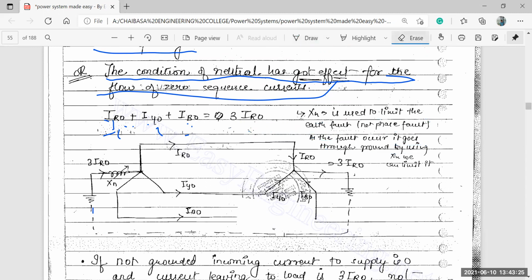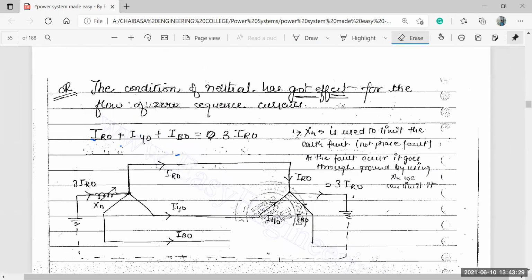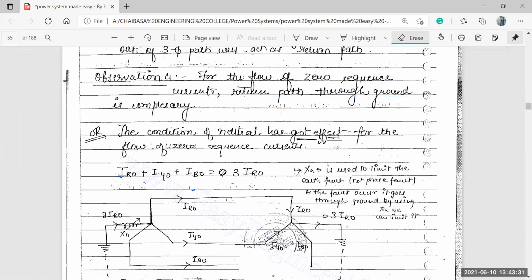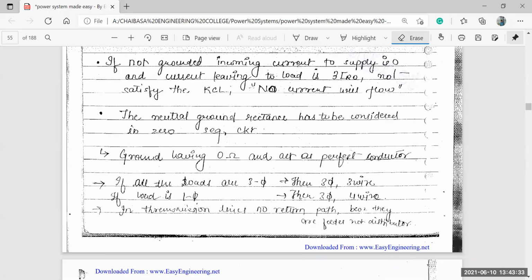This is what is being observed out of this. If not grounded, the incoming current to the supply is 0, and the current leaving to the load is 3IR0.